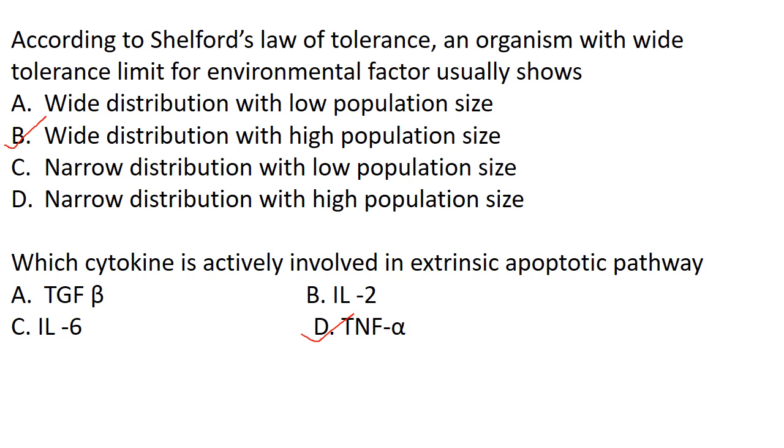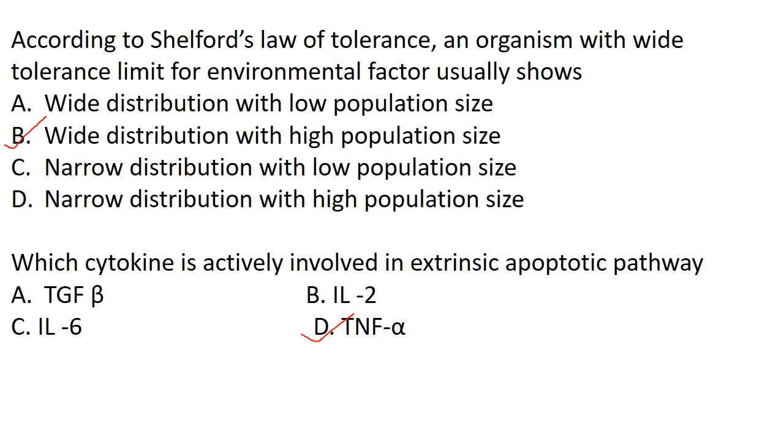Then next one. Which cytokine is actively involved in extrinsic apoptotic pathway? So apoptosis is programmed cell death that occurs when the apoptotic program in the cell is activated. The cell undergoes a series of changes that simultaneously lead to the death of the cell. There are two pathways of apoptosis.